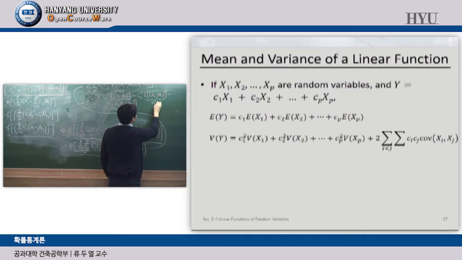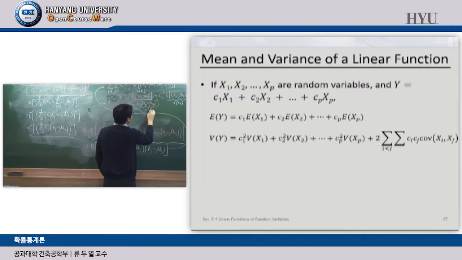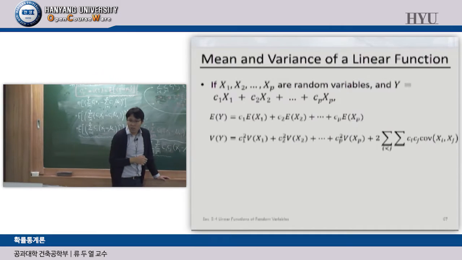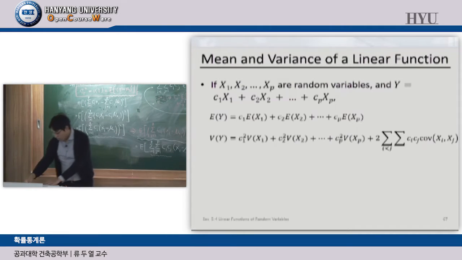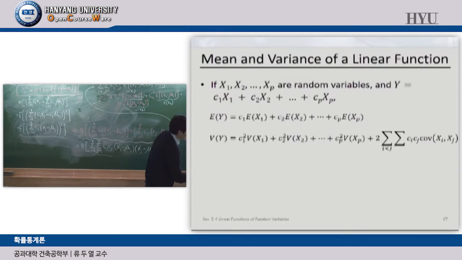That is equal to V(X_2), and that is equal to V(X_3), up to V(X_p), okay? So when i is equal to j, we have this formulation, okay?